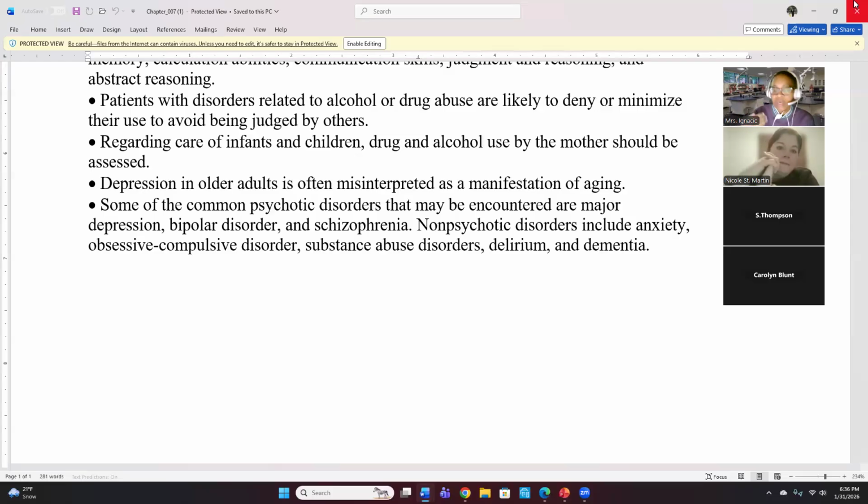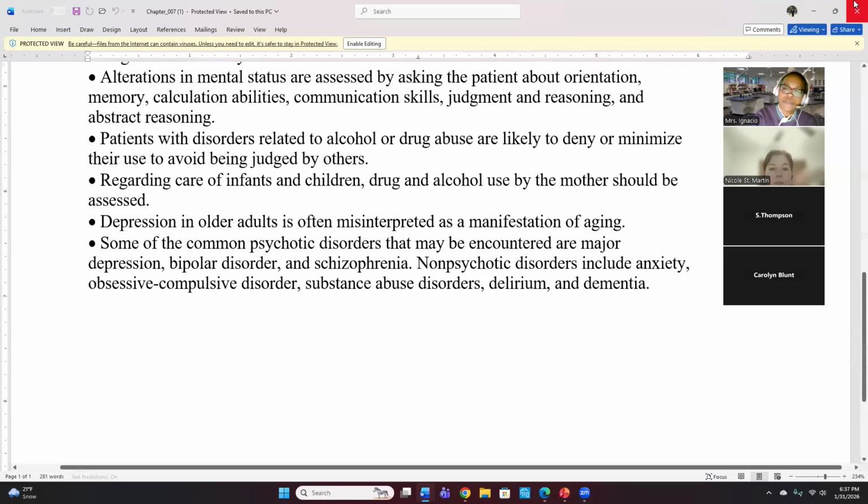All of this we have to be able to assess. I think next week in our lab class we can go over the depression scale for your geriatric patient, because there's a specific geriatric depression scale. Last time we talked about the mini mental status exam. That was more for cognitive concerns.